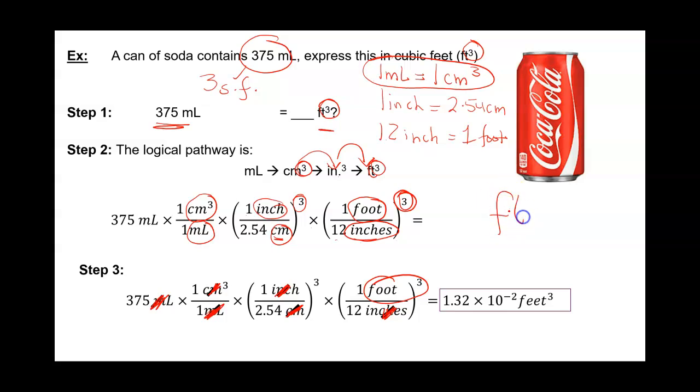If we were going from feet squared to inches squared, we would just have to remember, instead of cubing our conversion factor, we will square it. Okay? So whatever the exponent is in your unit, that's what you have to do to your conversion factor. It's just an additional step. You just got to not forget to do it.